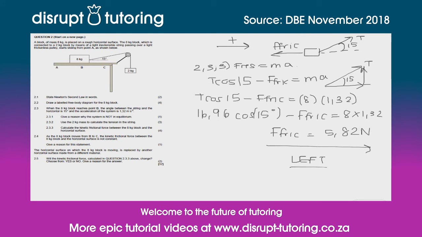Okay, great. So then 2.4 says, as the 8 kilogram block moves from B to C, the kinetic frictional force between the 8 kilogram block and the horizontal surface is not constant. Give a reason for this statement. Okay, so the vertical component of tension is going to slowly change as it gets closer to the pulley, because the angle is going to increase as it gets closer. So it's just going to keep increasing.